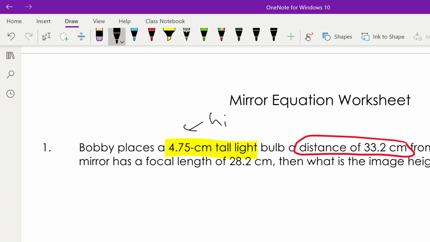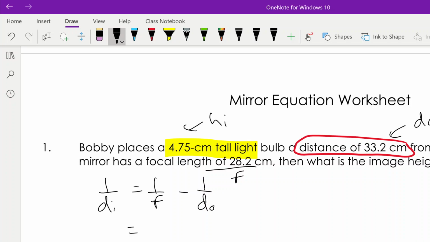a distance of 33.2 centimeters, so that is DO, the distance of the object to the mirror. Now, if the mirror has a focal length, obviously that is F, then what is the image height and image distance? So let's work out DI first. 1 over DI, we already know, is 1 over F minus 1 over DO.